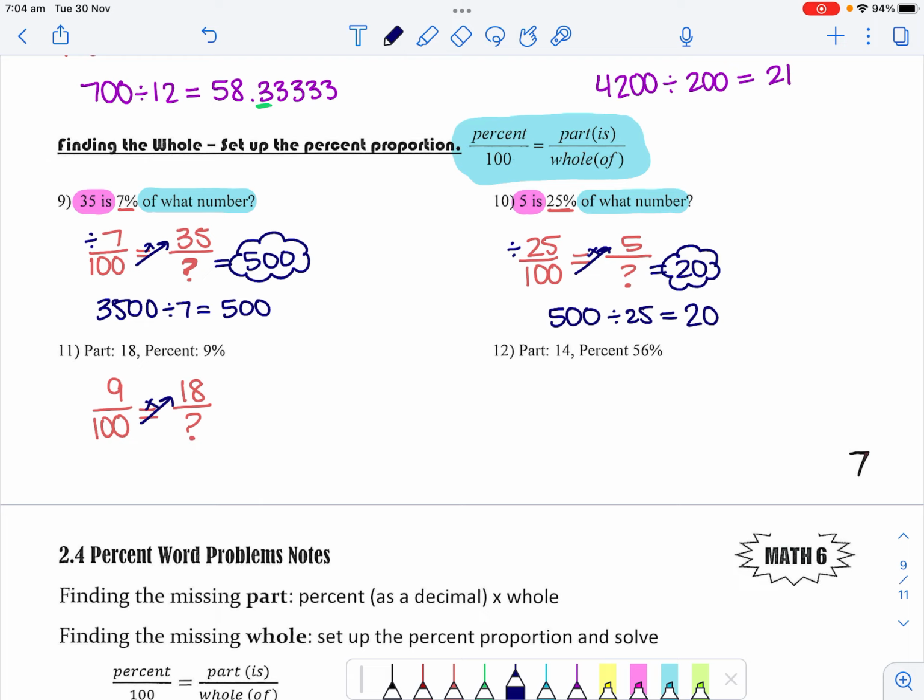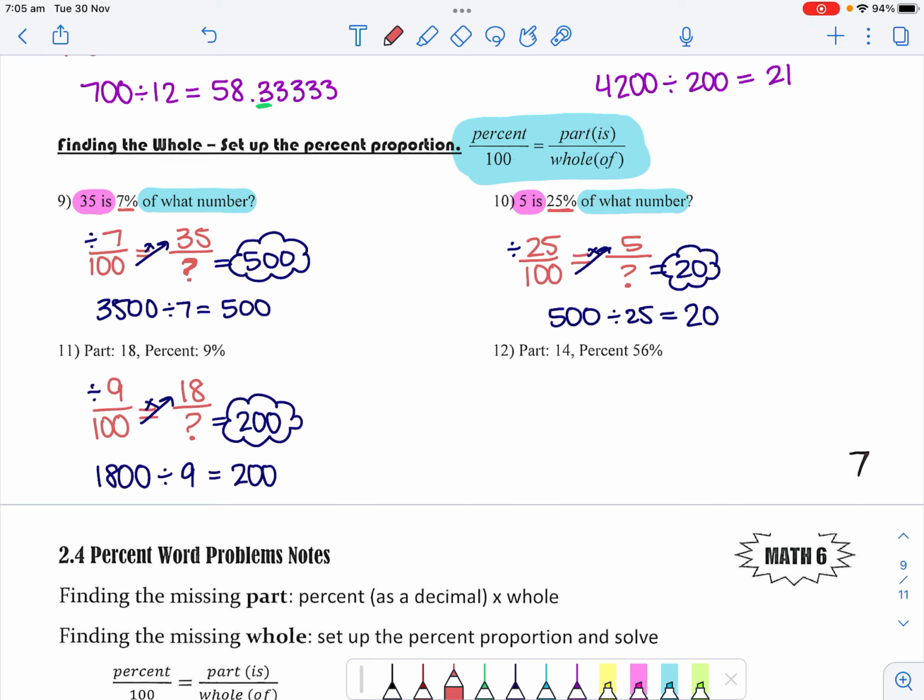So 100 times 18 is 1,800 divided by 9, because I divide by what's left over, is equal to 200. So this would be like if I was trying to figure out how many questions were on the test. So I got a 9%. I got 18 questions right. How many questions were on the test? 200.